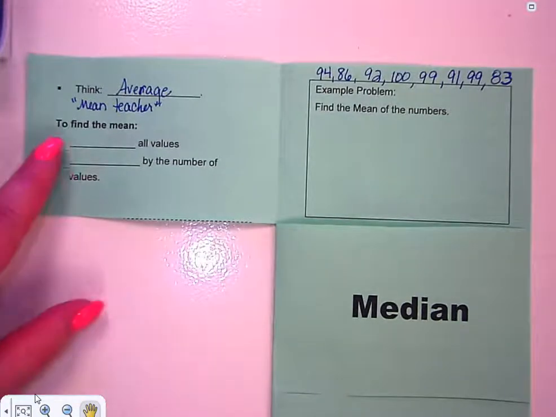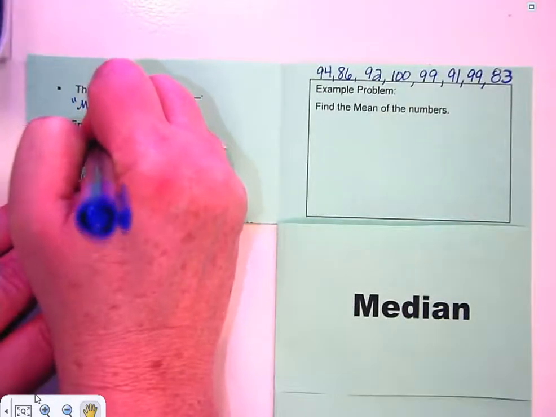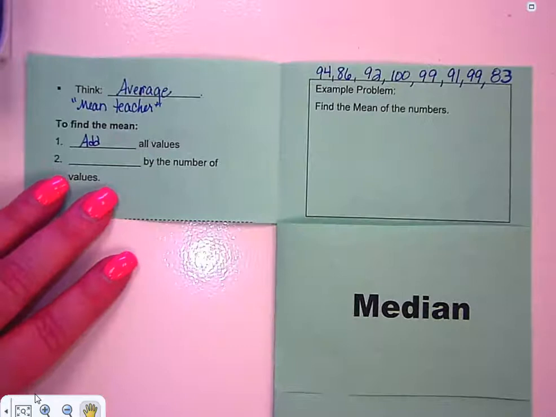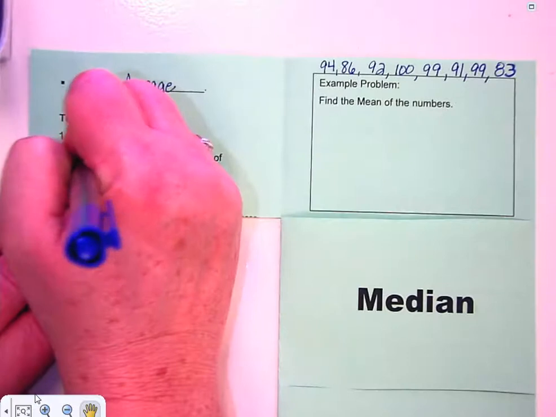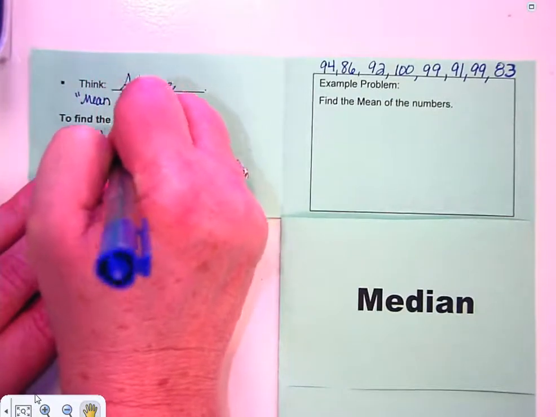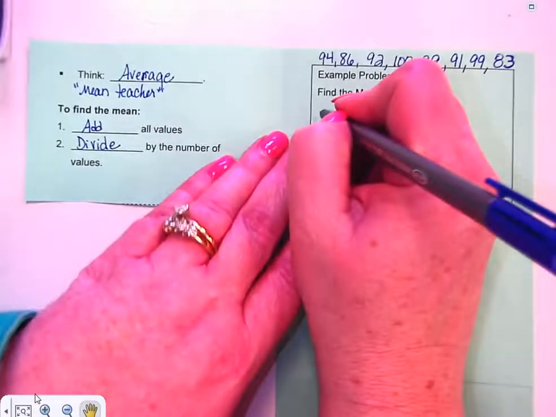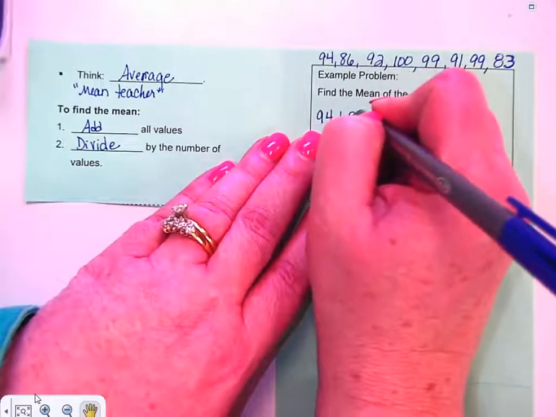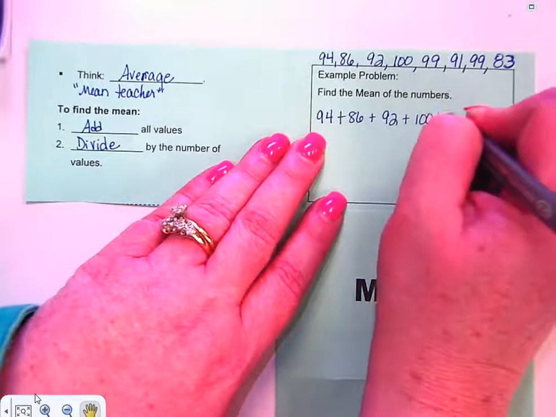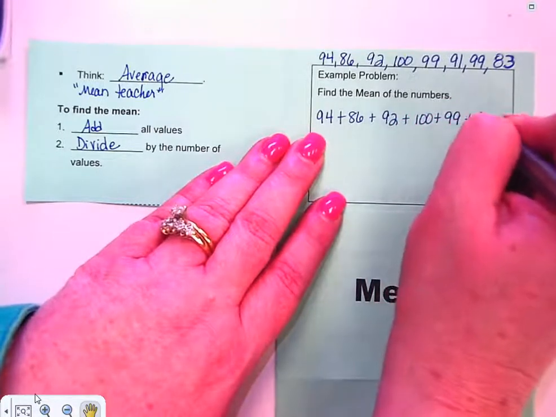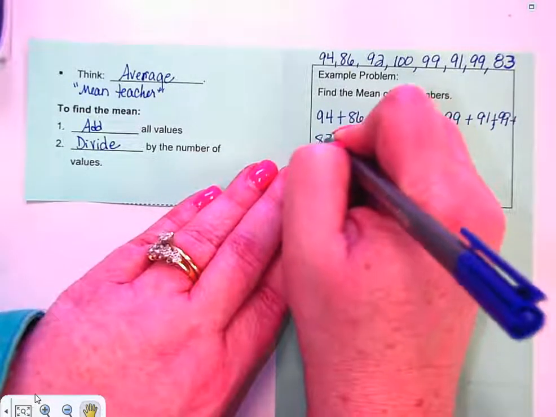So the steps to find the mean: the first step is you are going to add all of the values. You're going to add them all up and get a total, and then you are going to divide by the number of values. So with these, I am going to say 94 plus 86 plus 92 plus 100 plus 99 plus 91 plus 99 plus 83.